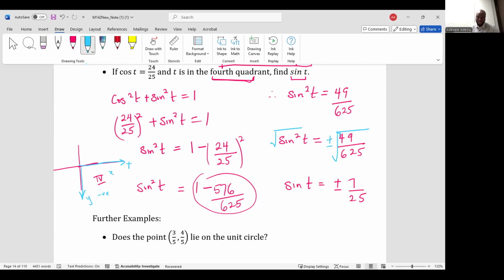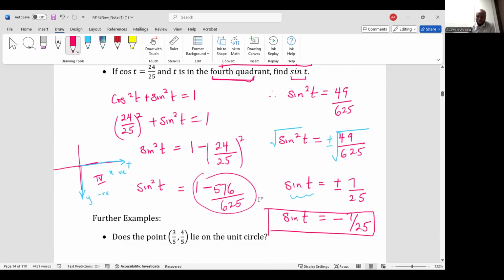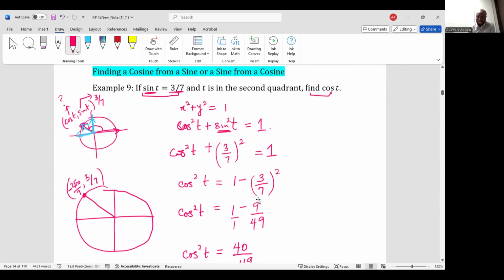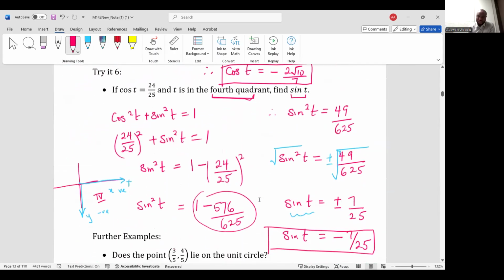So, meaning our sine of t is, since y is negative, negative 7 over 25. Hopefully that is what you got. If not, just pause the video, go back to this example, then you go again.